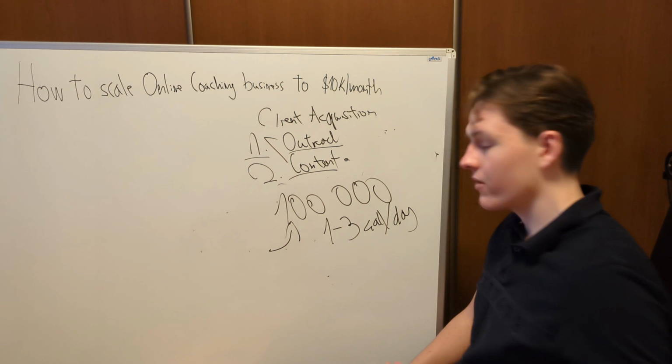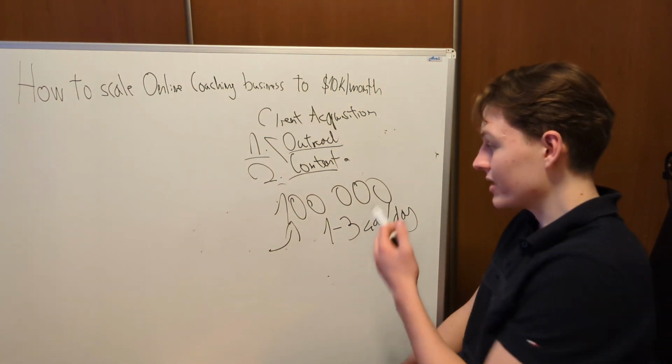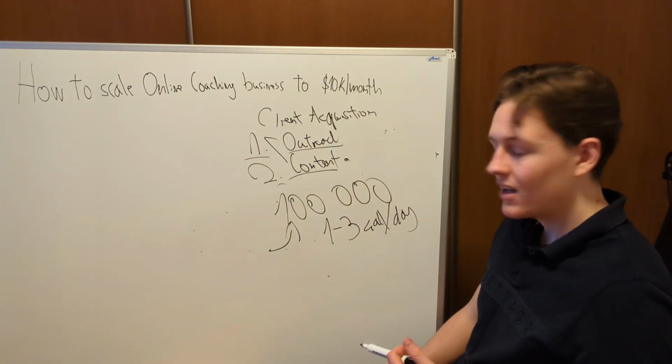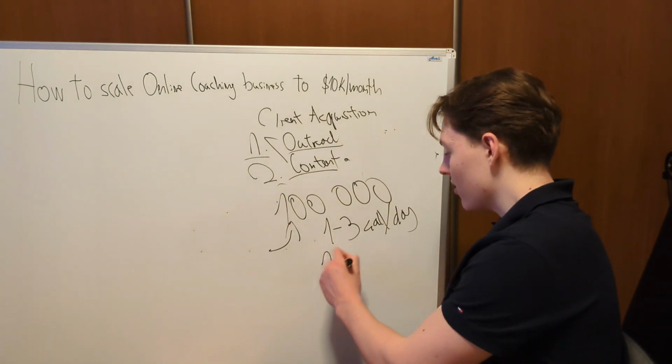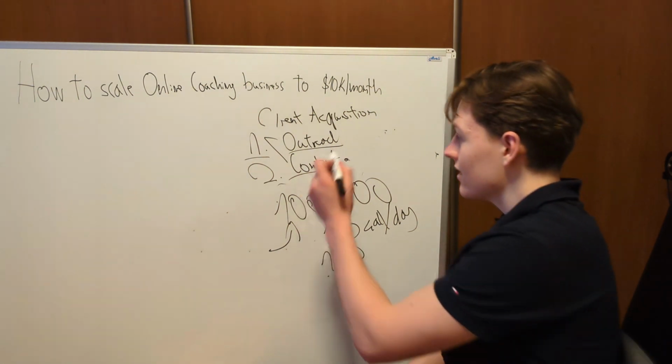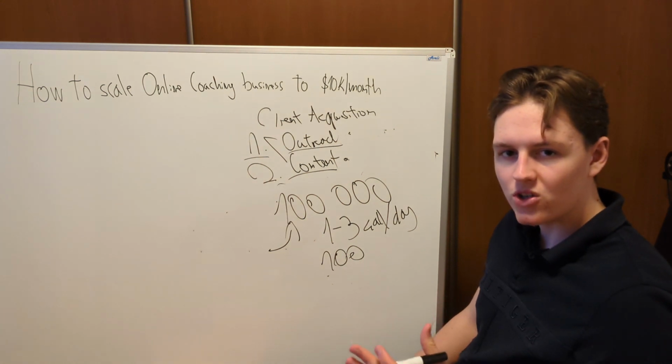You can say to yourself, okay, this is amazing, right? But if you are sending 100,000 DMs, you could be booking literally hundreds of calls if you just focus on the foundations initially.